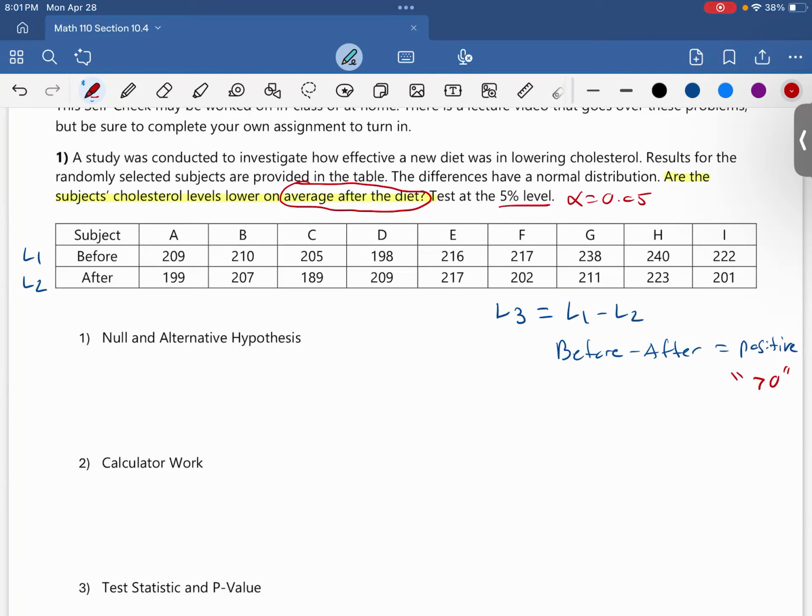So our alternative hypothesis is mean difference greater than 0, and that is our claim.